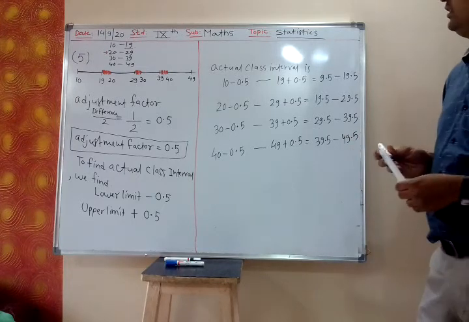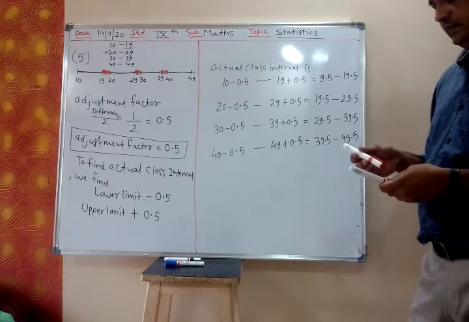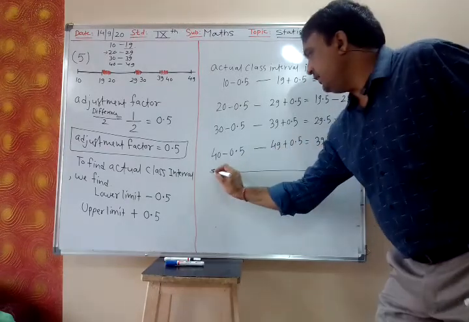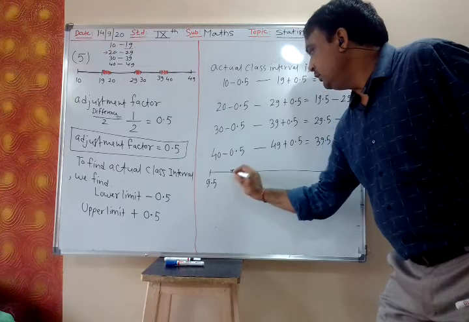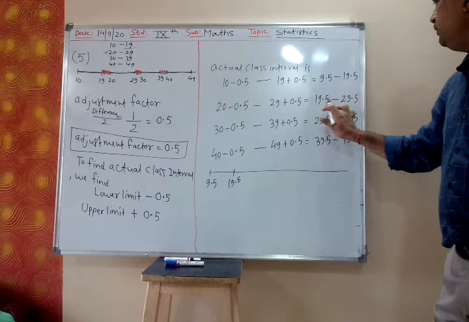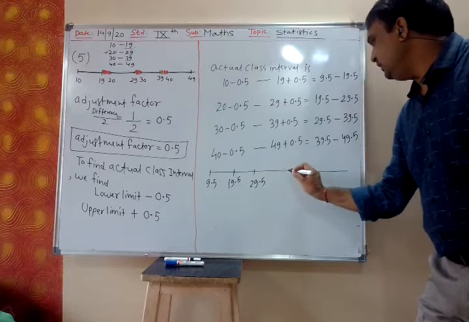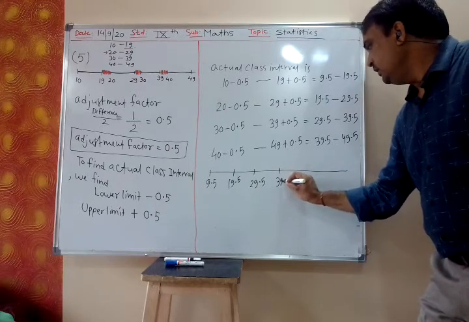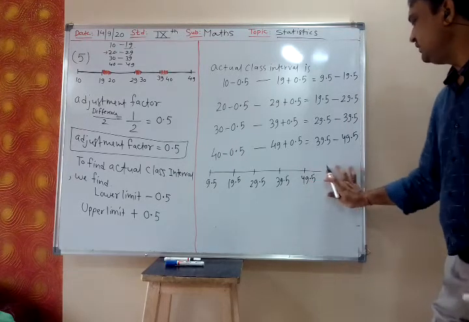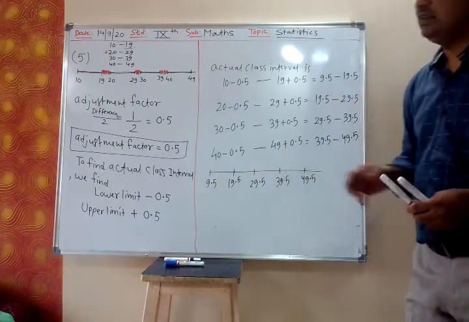Let us check whether they are continuous. Start from 9.5 to 19.5. Then next it is 19.5 to 29.5, then 29.5 to 39.5, then 39.5 to 49.5. So now they are continuous. There is no gap between two consecutive class intervals.